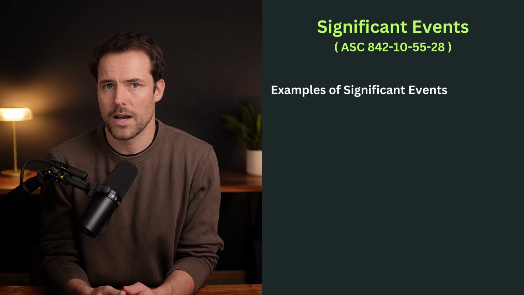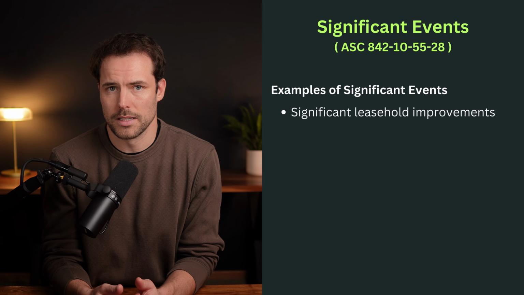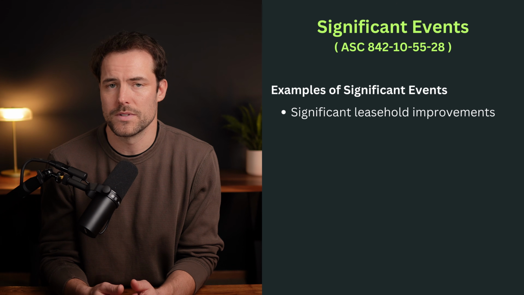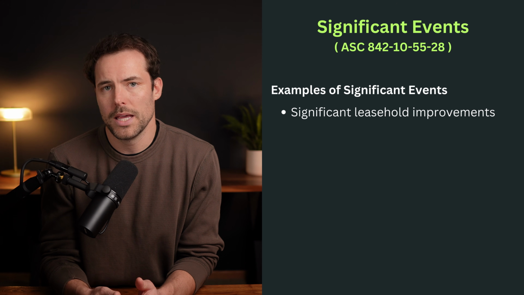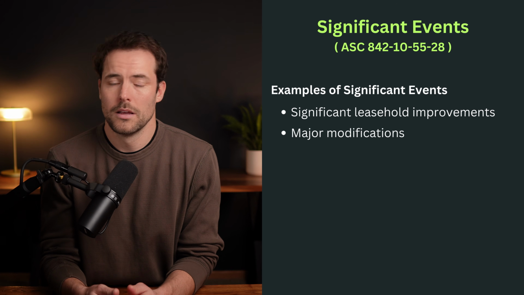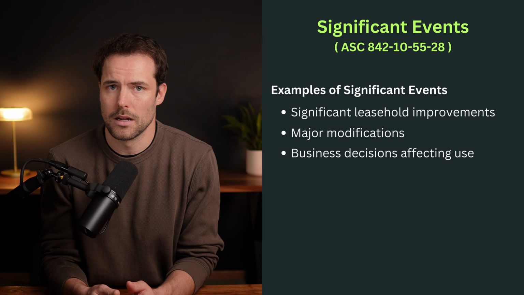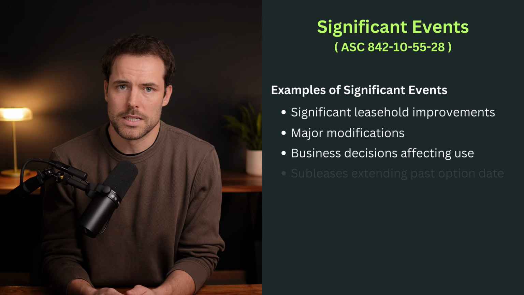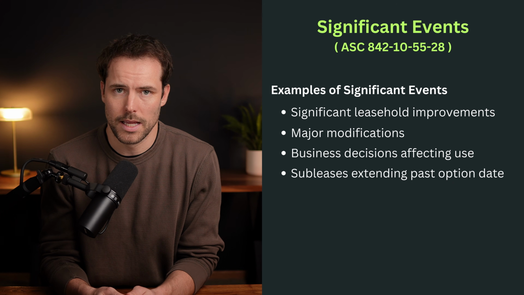ASC 842 gives examples in paragraph 842.10.55.28, which include constructing significant leasehold improvements expected to have significant value when an option becomes exercisable, making significant modifications to the underlying asset, making a business decision directly relevant to exercising an option, or subleasing the underlying asset for a period that extends beyond the option date.